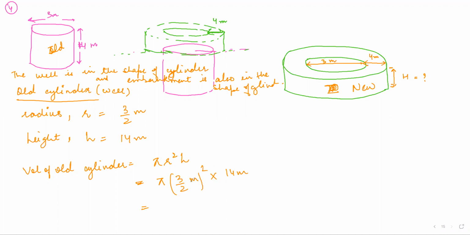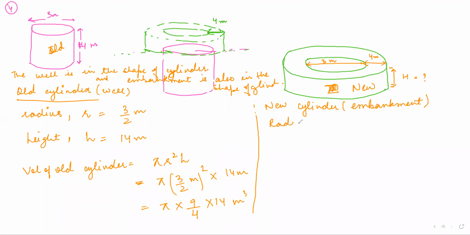That becomes pi into 9 divided by 4 into 14 meter cube. Just leave it like this. Now let's come to new cylinder, which is actually your embankment. Now radius, so don't denote it by small r, let me call it capital R.